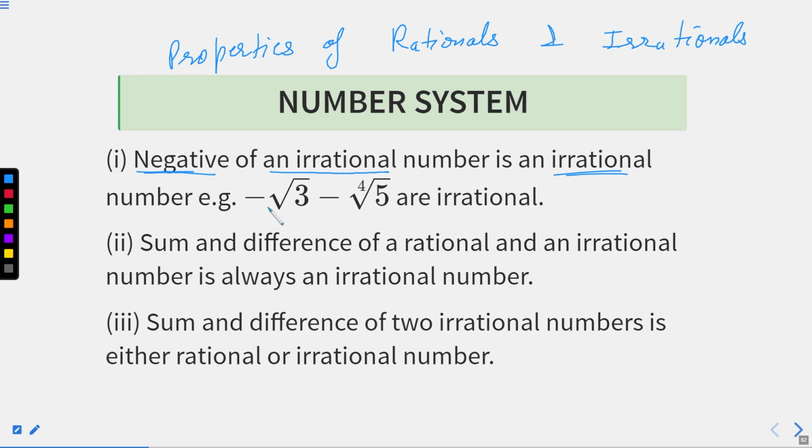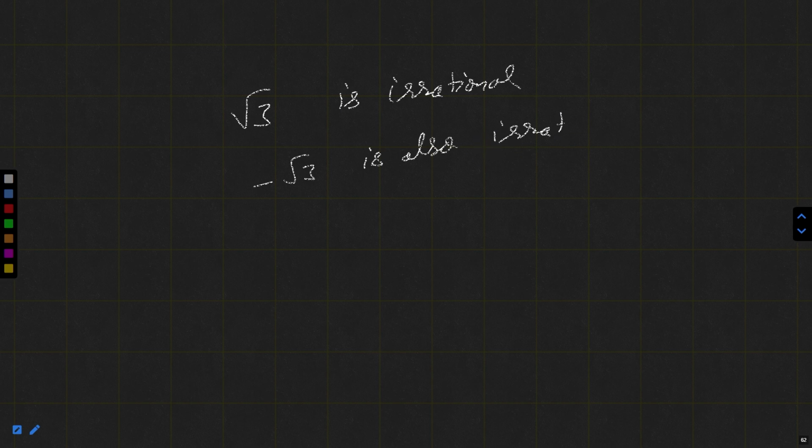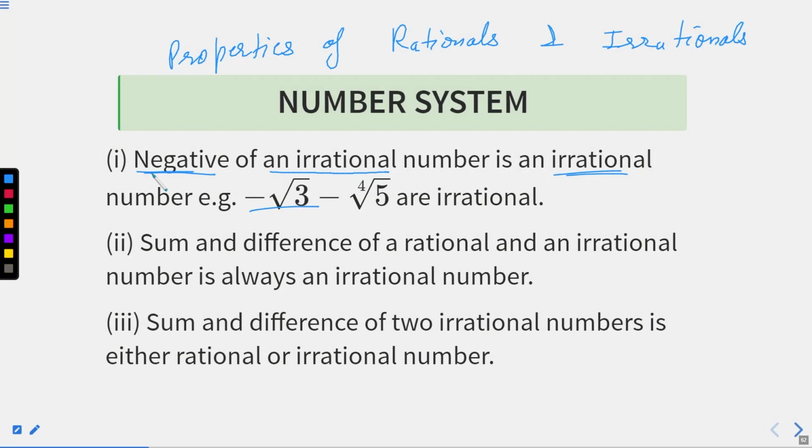Take any irrational number, and the negative of an irrational is always irrational. For example, root 3 is irrational, and minus root 3 is also irrational. So in general, the negative of an irrational is irrational.